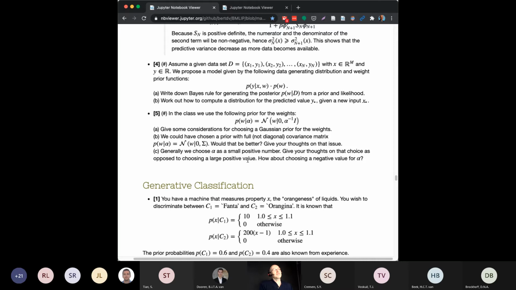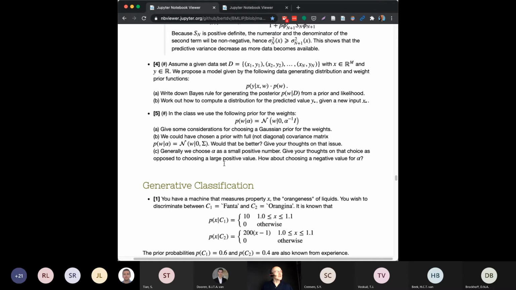And so if you have no idea what W should be, I think that's a good idea. How about choosing a negative value for alpha? No, I wouldn't do that. We still want this matrix to be a positive semi-definite or non-negative matrix, so you shouldn't choose a negative value.